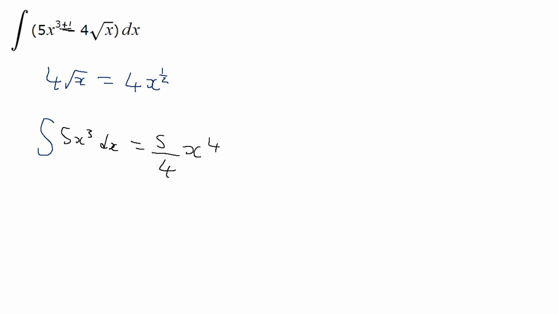And now let's look at the second number that we have. The integral of 4x to the half is just going to be 4 over 3 over 2 times x to the power of 3 over 2. 4 divided by 3 over 2 is the same as 8 over 3 times x to the 3 over 2. And then we just add them together.